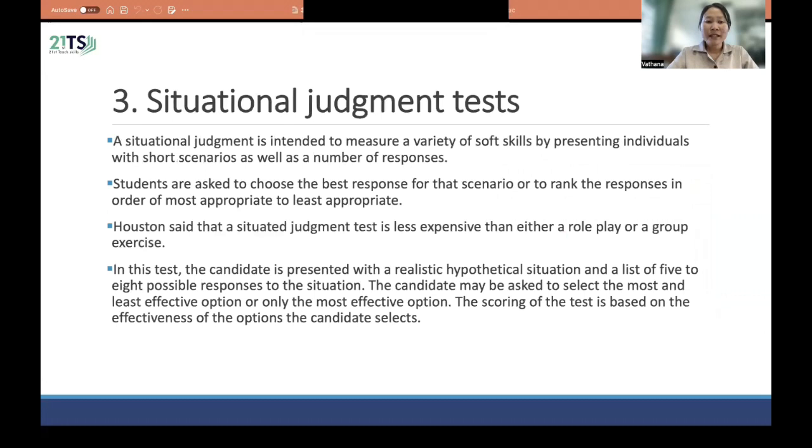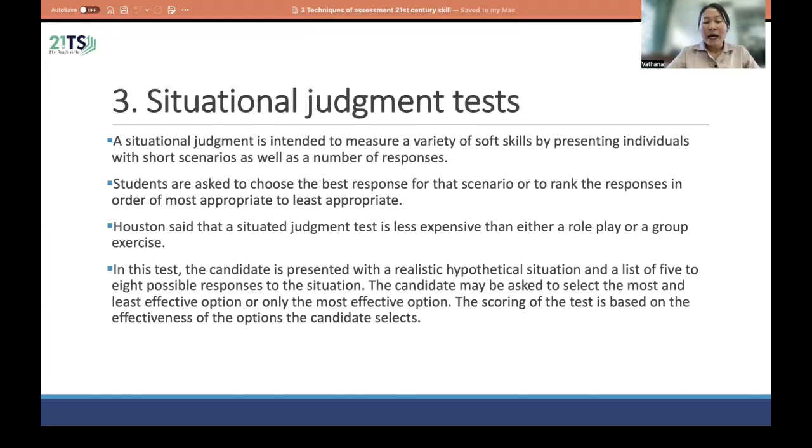So the next is the situational judgment test. A situational judgment test is intended to measure a variety of soft skills by presenting individuals with a short scenario as well as a number of responses. Students are asked to choose the best response for that scenario, or rank the responses in order from most appropriate to least appropriate.